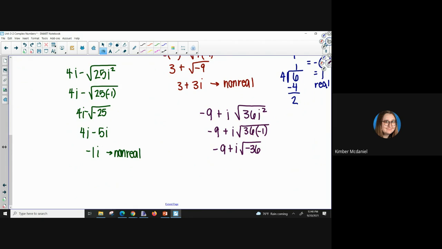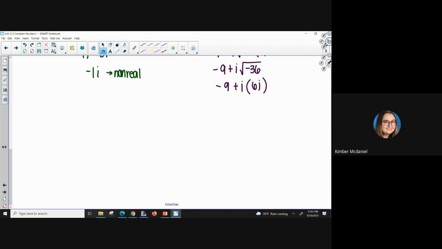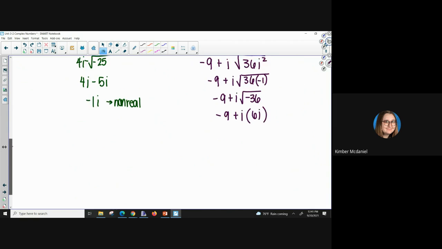So I have -9 plus i, parentheses 6i. And then what do we have to do here? Multiply i times 6i. And what is i times 6i? Yeah, perfect.